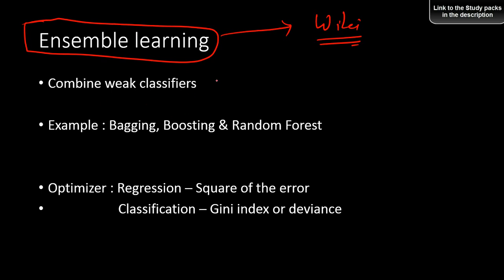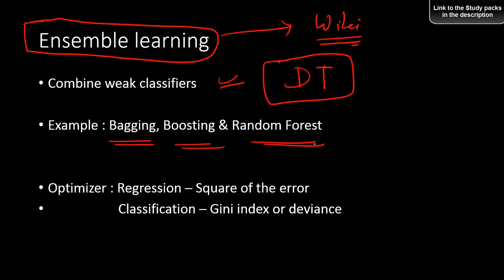The idea is to combine weak classifiers, and it's more of a general form, by the way, to get a strong classifier. A single decision tree is just a weak classifier, but when you combine, you will get a stronger classifier. So bagging, boosting, and random forest are the algorithms which combine the weak decision tree models and give us a much better model.